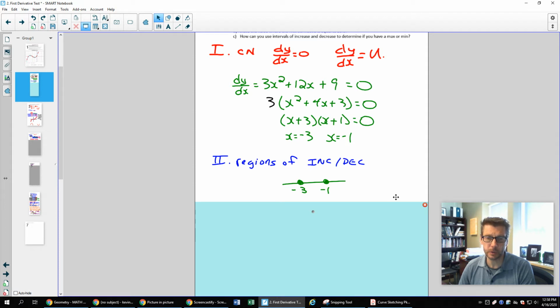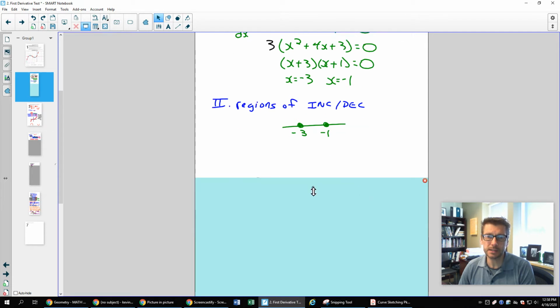Where your slopes are zero, you don't have positive slope or negative slope. To organize my information, the first region is from -infinity to -3, then from -3 to -1, and then from -1 to positive infinity. So I've got 3 regions to talk about.